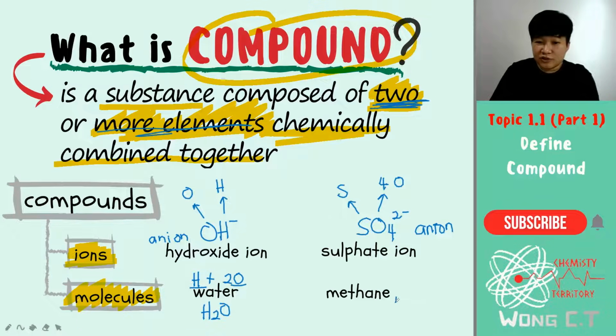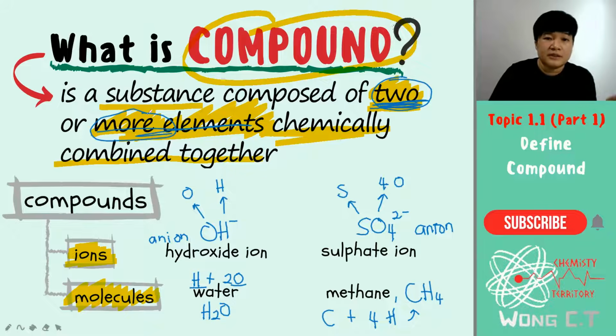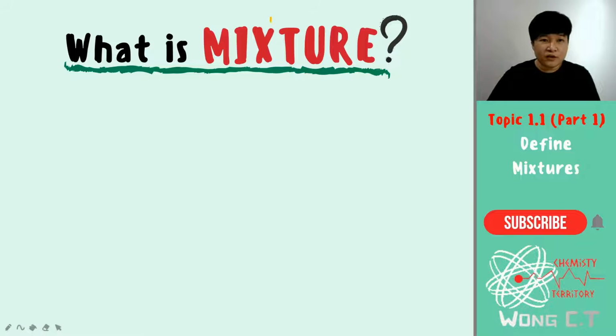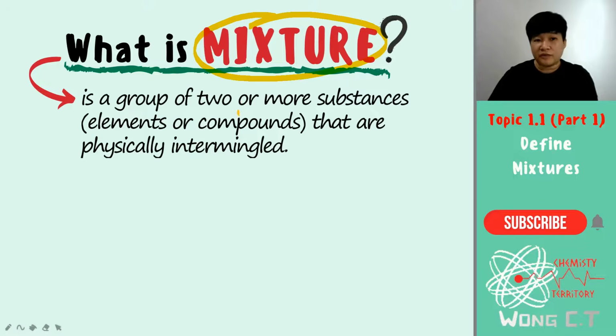Last but not least, your methane, which is your CH4, and quite obvious you are having carbon plus 4 hydrogen atoms to form 1 CH4. And that is a molecule under the category of compound because you combine 2 or more elements together. Okay, simple, easy. Last but not least, let's look at what is a mixture. A mixture is actually quite simple and straightforward.